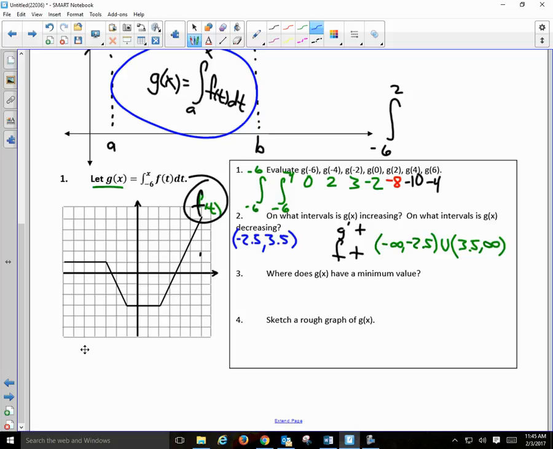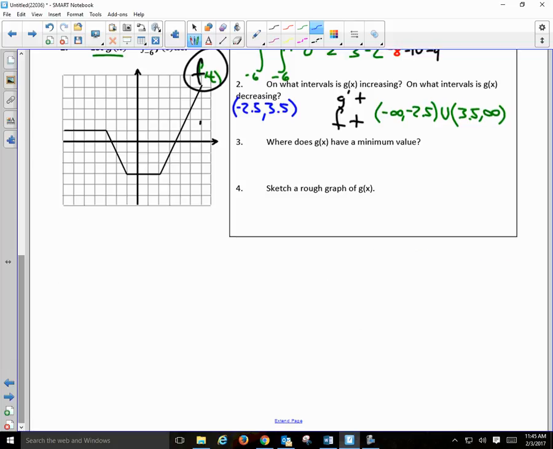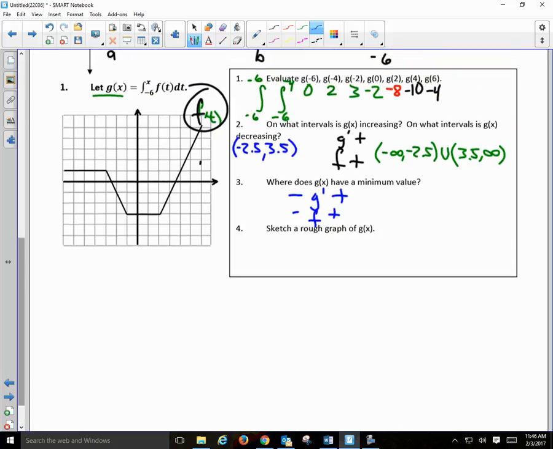Losing. That's where it's decreasing. Does that make sense? Okay. All right. Where does g of x have a minimum value? You guys told me that the minimum happens where the derivative changes from negative to positive, or where f changes from negative to positive, because f is the derivative of the area function. Where does f change from negative to positive? Yeah, 3.5.